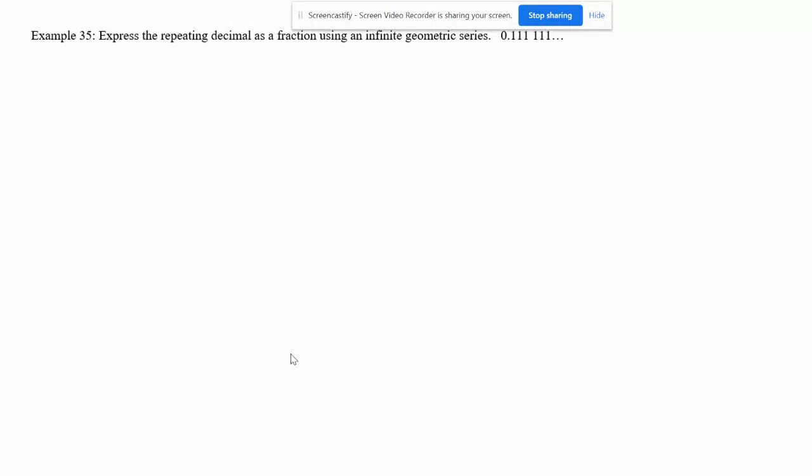All right, express the repeating decimal as a fraction using an infinite geometric series. Guys, I don't know if you know this over here, but the answer is going to be 1/9. If you go 1/9 on your calculator, you're going to get 0.1 repeating over here. But I'll show you how this works. 0.1 repeating is the same thing as 0.1 plus 0.01 plus 0.001. Okay.